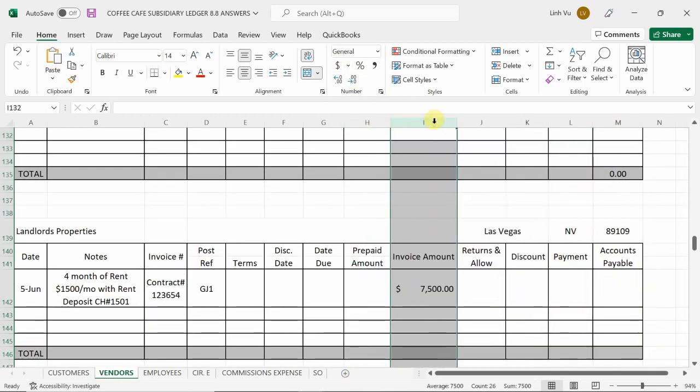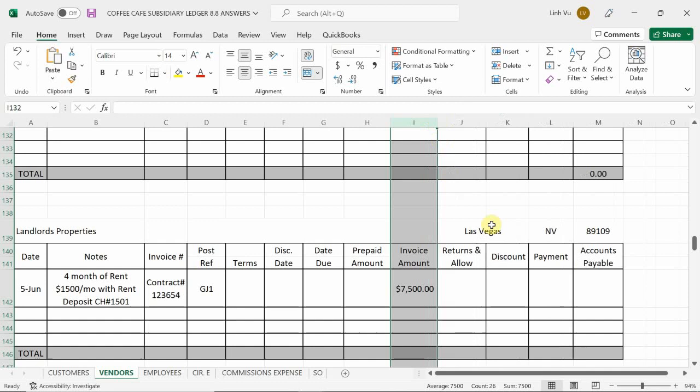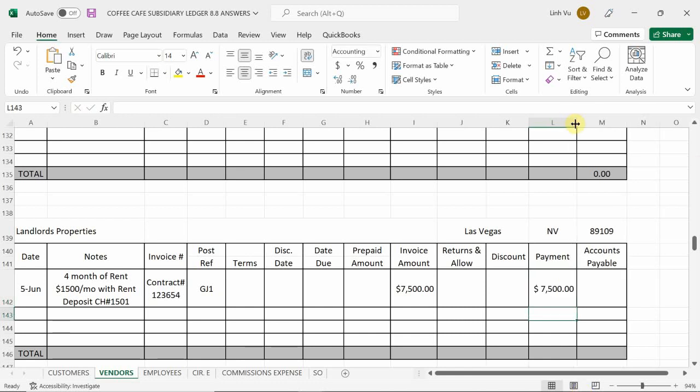Now, in this case, did I have any returns or any allowances? No. Did I get any discounts? No. Did I make a payment? Yes, you did, for $7,500, right? You wrote check number 1501 saying that, yes, I made a payment, okay?